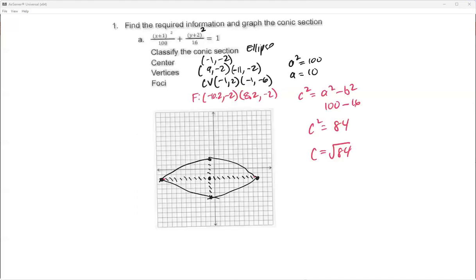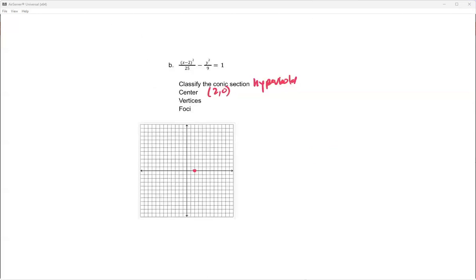For number 1, we know that the ellipse, the x-axis is the major axis because the number on the bottom, the denominator, is bigger. Whereas for the hyperbola, remember you're looking for the positive variable. All right, that's the major axis.